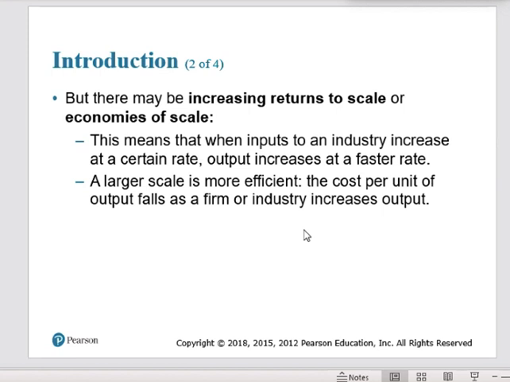They make bread, cake, and pastry. So what does it mean that the cost per unit of output falls as the firm or industry increases output?